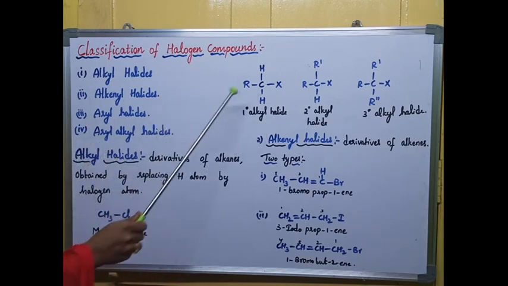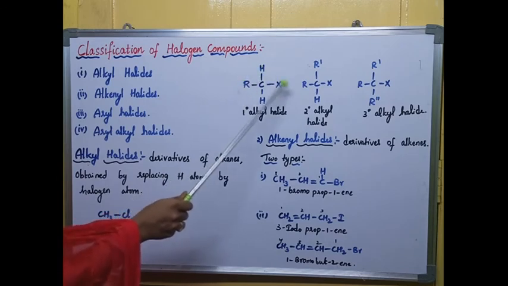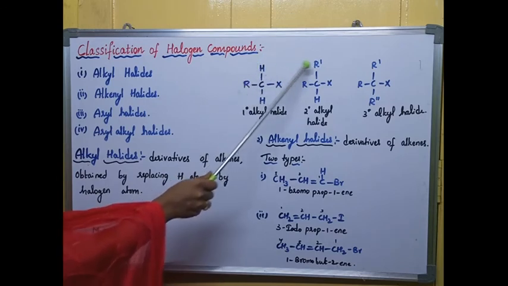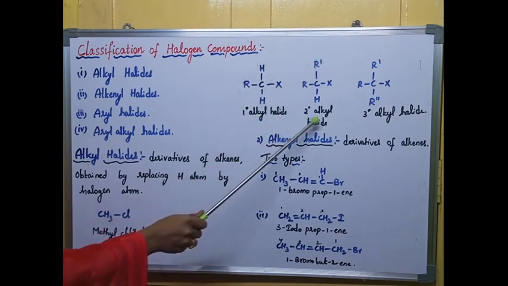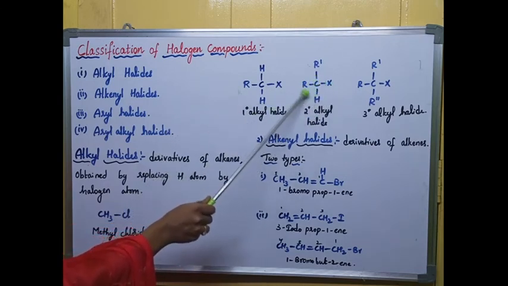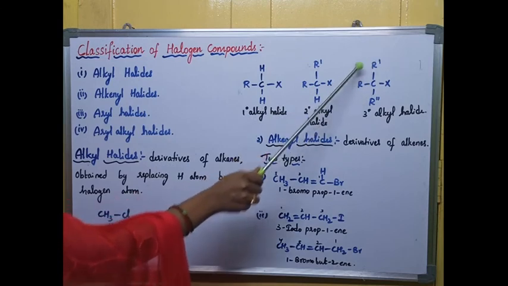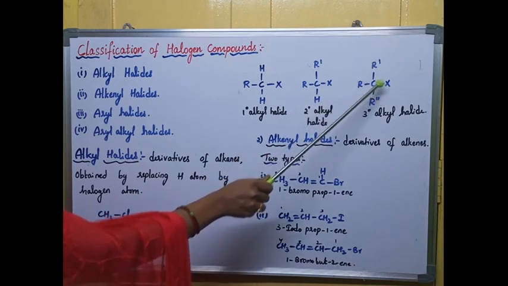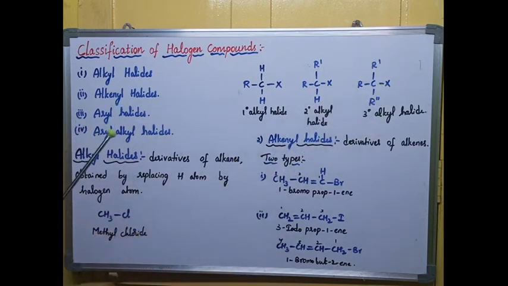If I replace 2 hydrogens with 2 R groups, then it is a secondary alkyl halide. If I replace all 3 hydrogens with 3 alkyl groups, then it is a tertiary alkyl halide. That is the classification of alkyl halides.